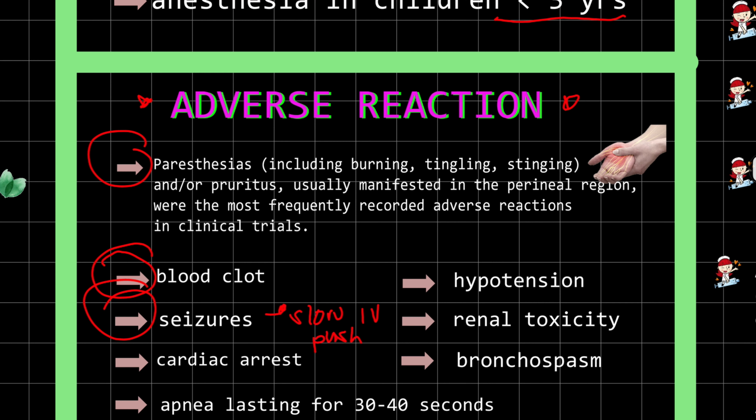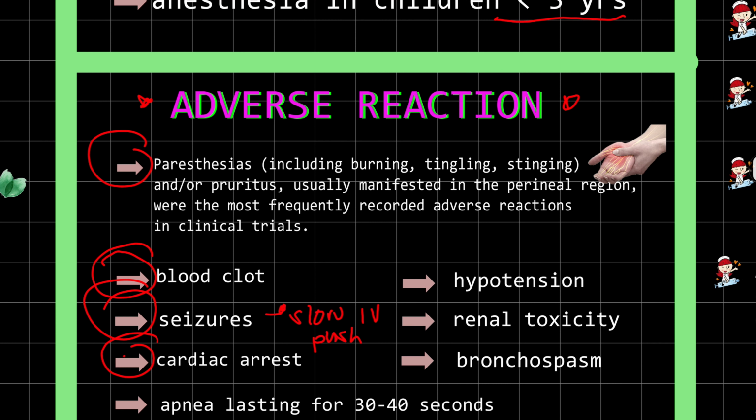Most of the patients who are taking sedatives, especially in the ICU, are normally attached to the cardiac monitor, and you have to watch out for any life-threatening arrhythmias, such as your supraventricular tachycardia, your VFib, your asystole, your VTach, those kind of stuff.